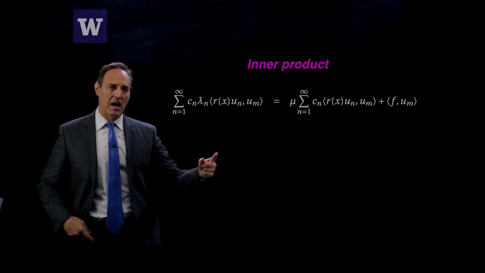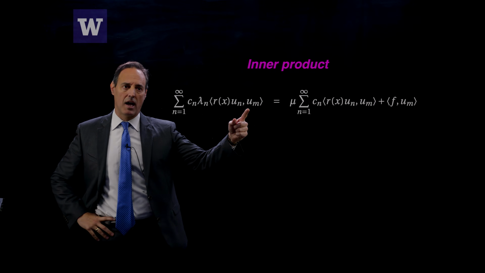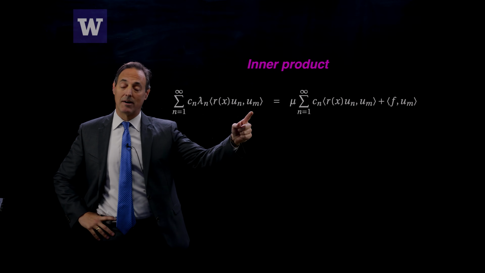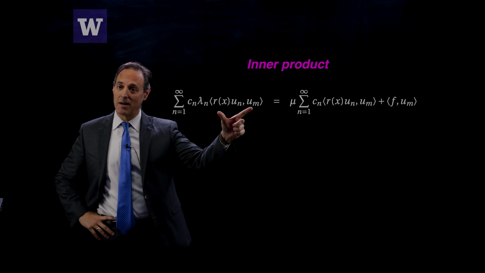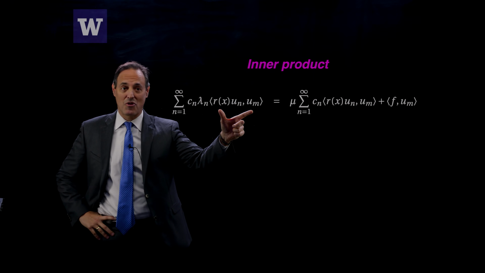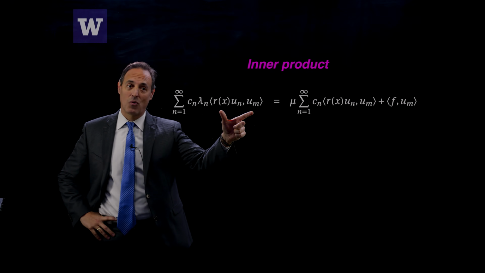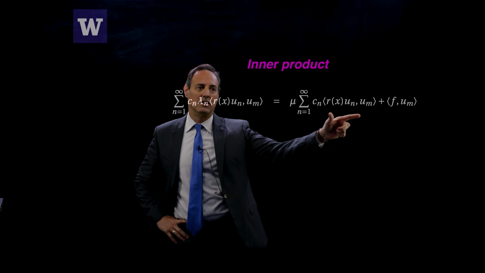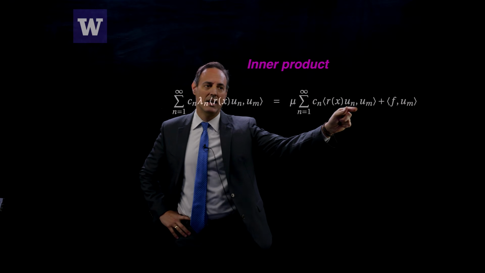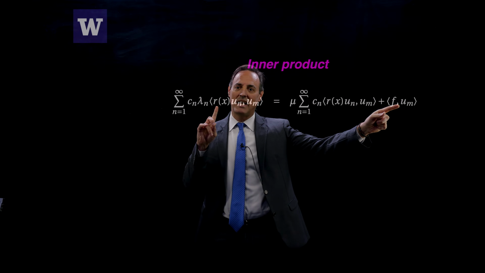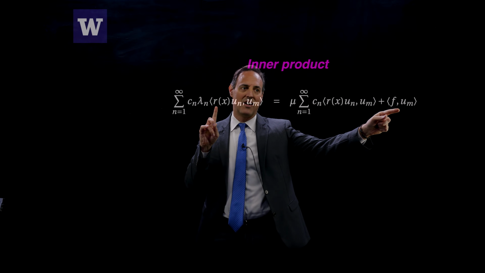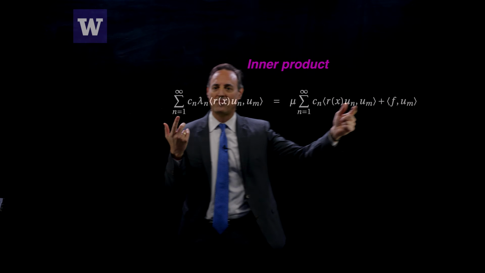On the left I have r of x, u of n, u of m. This looks familiar, right? Because of orthogonality, this is going to simplify quite a bit. Same thing here, r of x, u of n, u of m. And then over here, because I had that r of x in there already, I just have f u of m. I've already done the expansion.